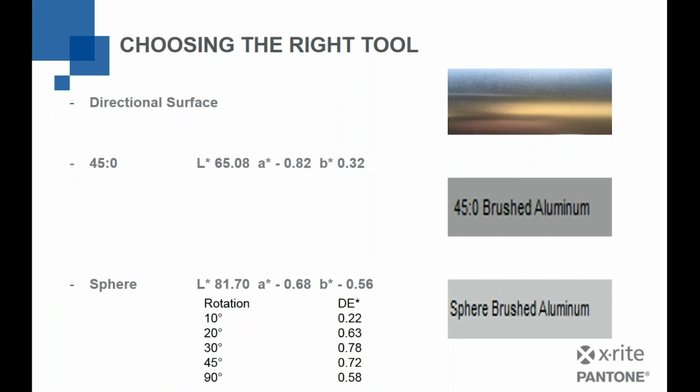And the delta E there, you can see, is 0.22. And so I did 5 rotations at 10 degrees, 20, 30, 45, and 90 degrees. All of those measurements are within 1 delta E. Pretty repeatable, meaning I should get good correlation with visual, because I'm not subjected to an issue with the rotation.